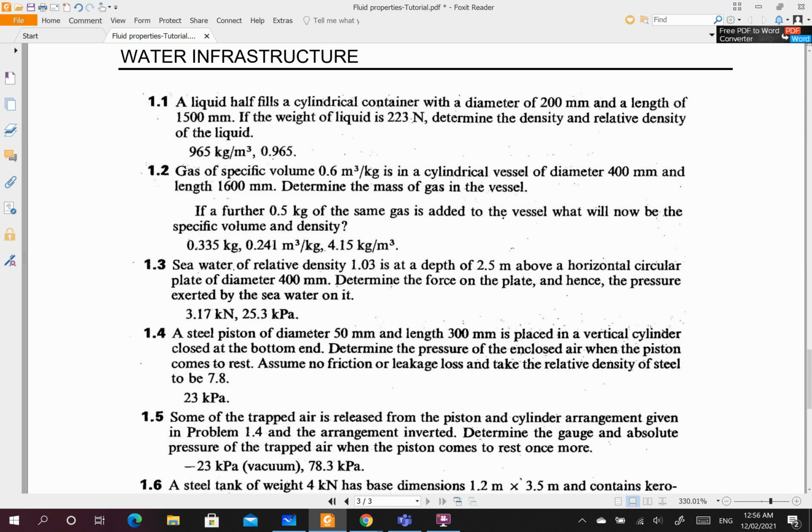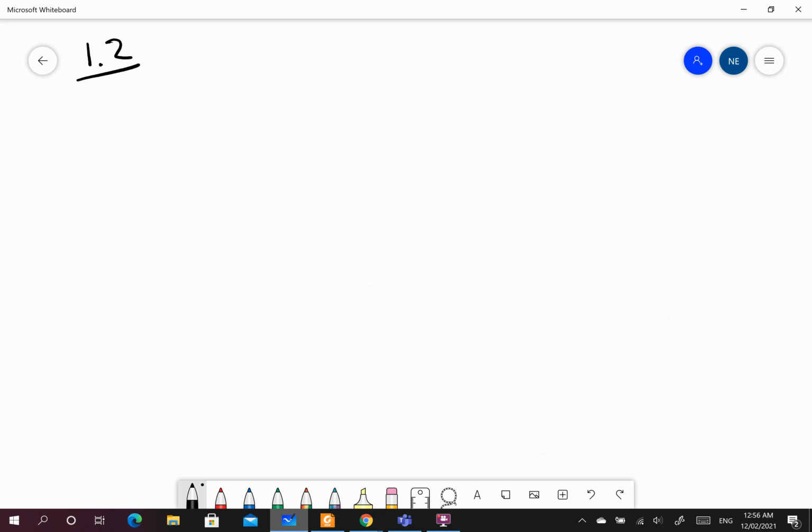Obviously, these are the answers here, but let's go through and let's calculate it. So the formula for specific volume, v, is equal to the volume over the mass, which is equal to 1 on rho.